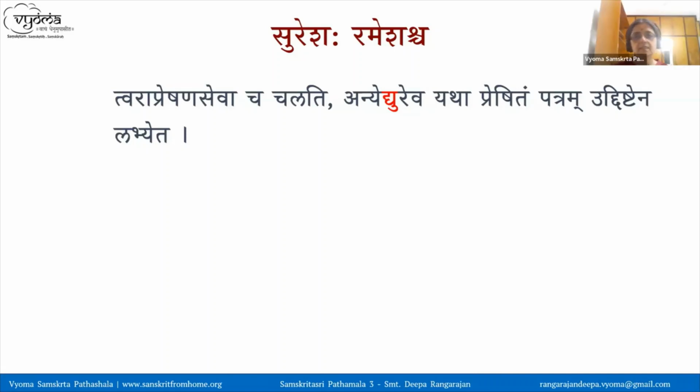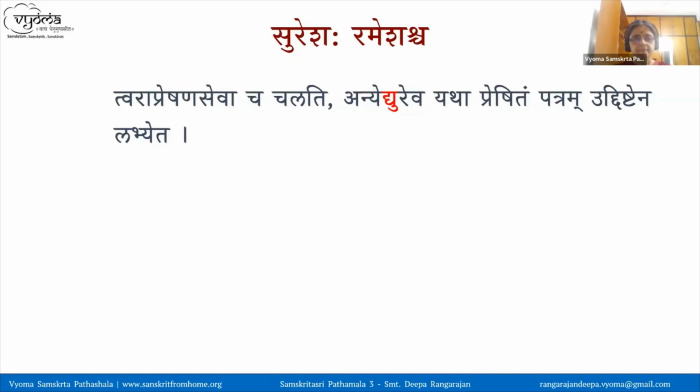Anyedyuhu is just the other day or the next day. Preshana seva. So Tvara Preshana seva is the speed post. It's not the normal Preshanam. It is the Tvara Preshanam, speed post. That service is Tvara Preshana seva.